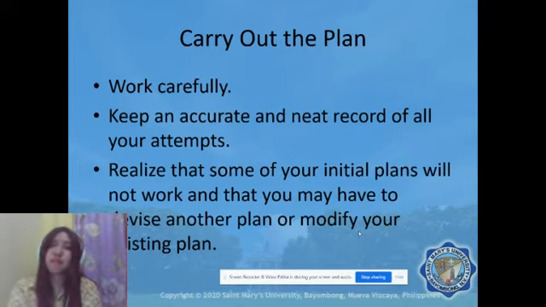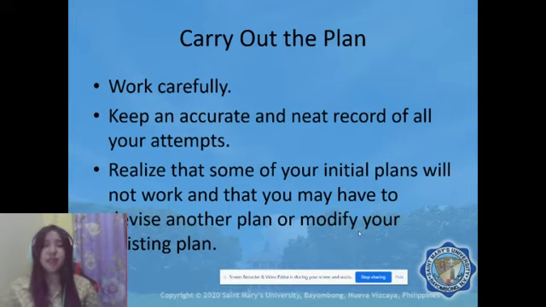Next is step number 3, carry out the plan. You have to perform now the plan or strategy you are going to use to solve the problem. You have to work carefully to keep an accurate and neat record of all your attempts, and realize that some of your initial plans will not work and that you may have to devise another plan or modify your existing plan.